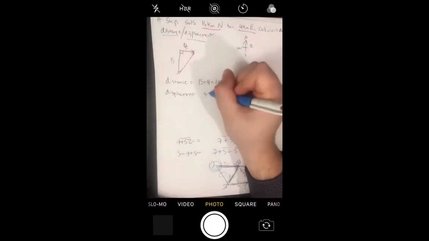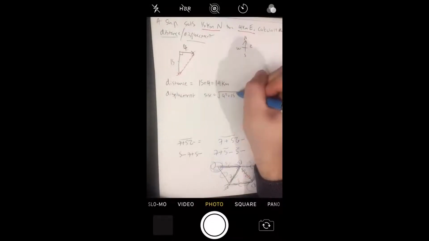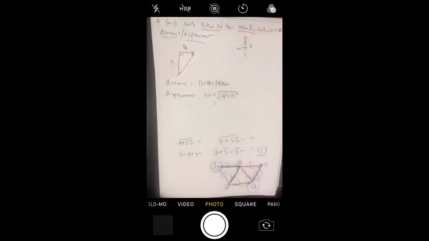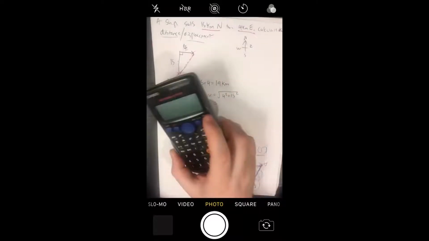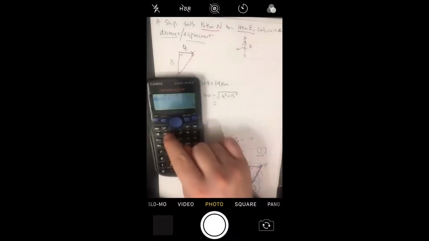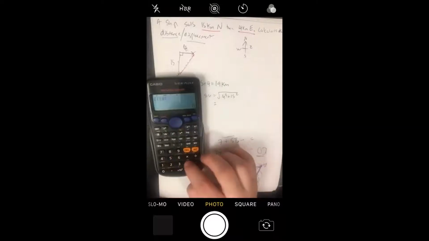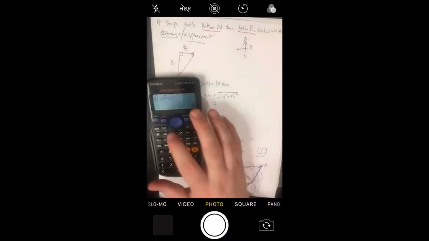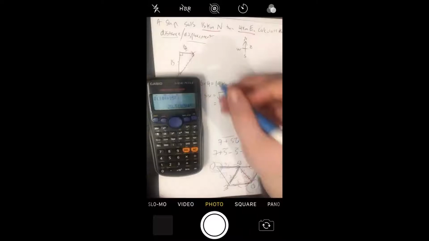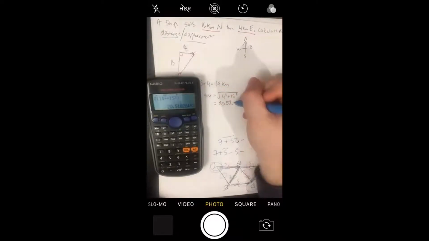The size is equal to the square root of 4 squared plus 15 squared. Calculator, I'm not going to do this in my head. The square root of 4 squared plus 15 squared gives me 20.52 kilometers.